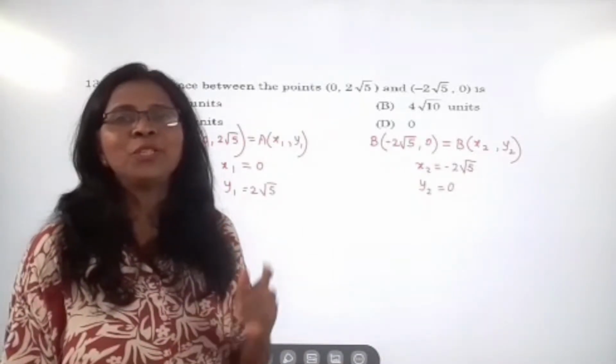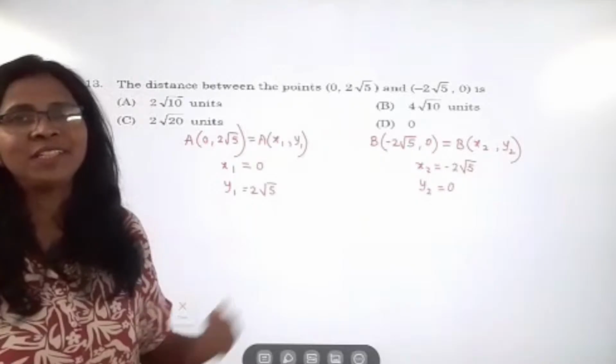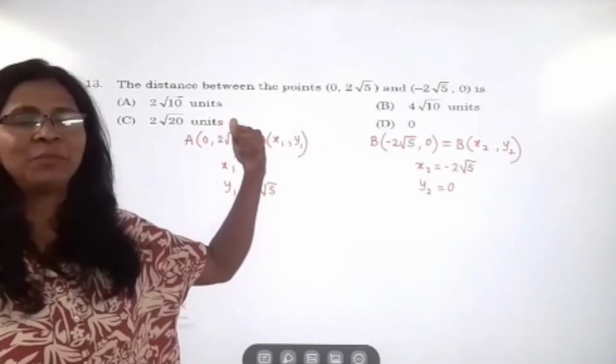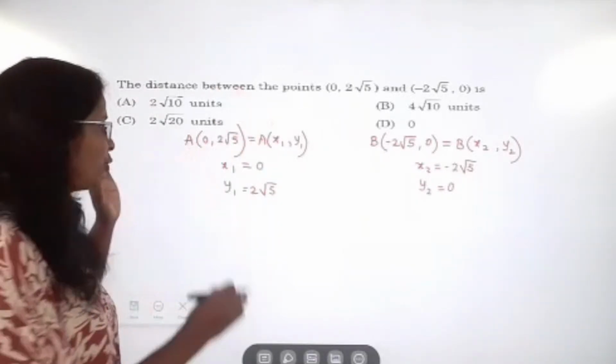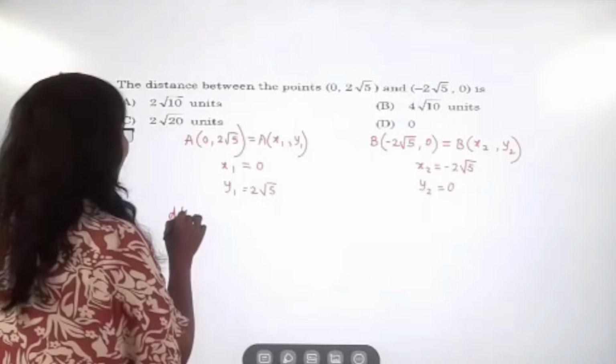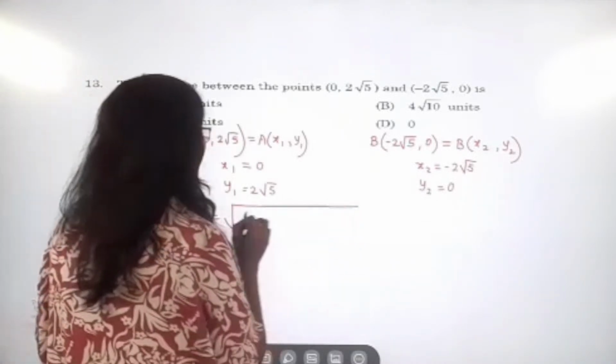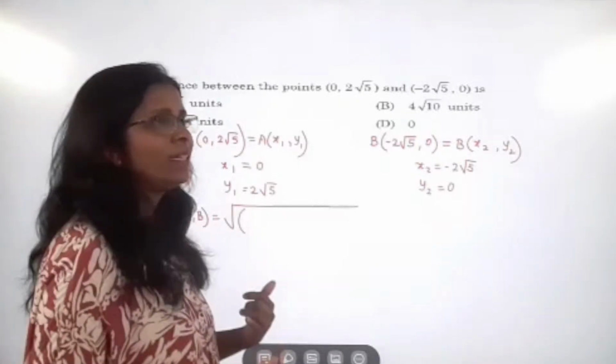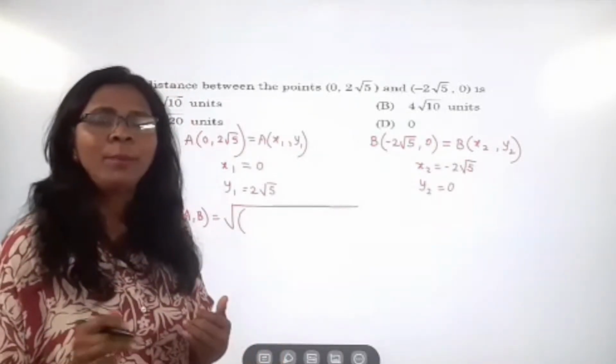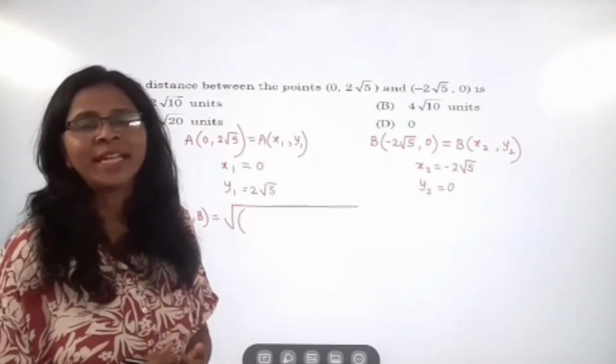Now we have to use the formula for the distance, because we have to calculate the distance between these two points. So the distance from A to B is the square root of x2 minus x1 whole bracket square plus y2 minus y1 whole bracket square.